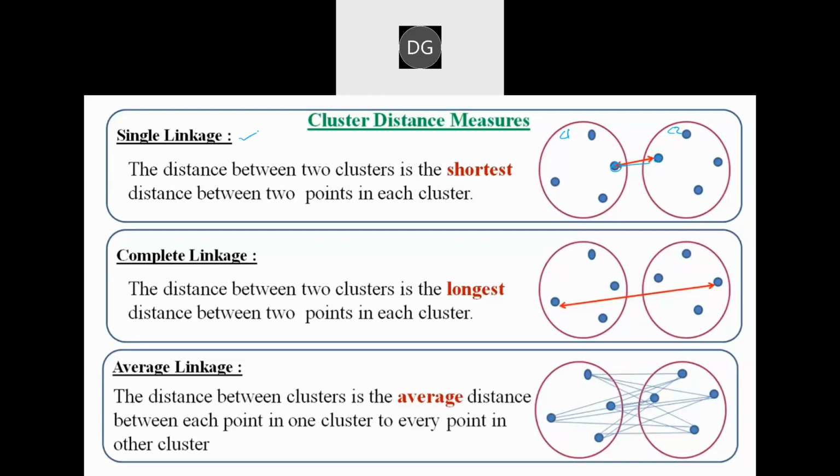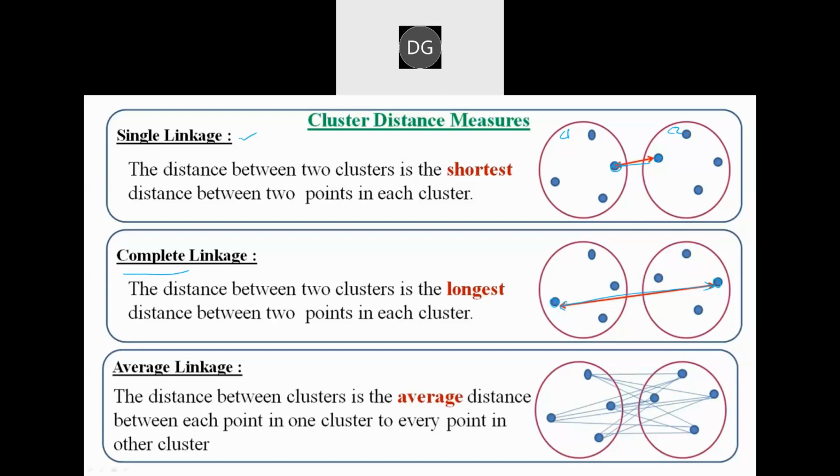Whereas if I take the farthest point from cluster one and the farthest point from cluster two and find the longest distance between them, that method is called the complete linkage method. Then we have another method called the average linkage method.